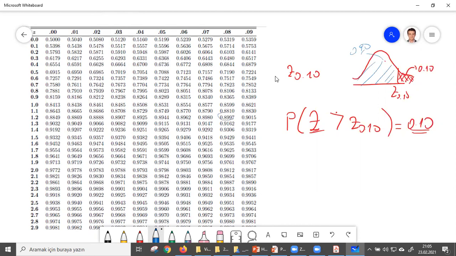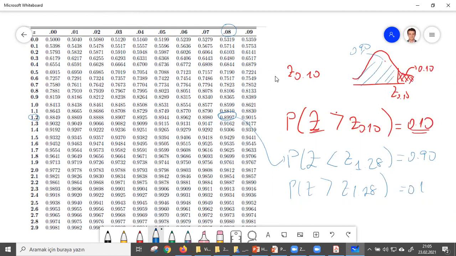Almost there, right? Look at this one, 0.90. So you can write 1.28, sorry. The probability that z is smaller than 1.28 is equal to 0.90, or the probability that z is greater than 1.28 is equal to 0.10.